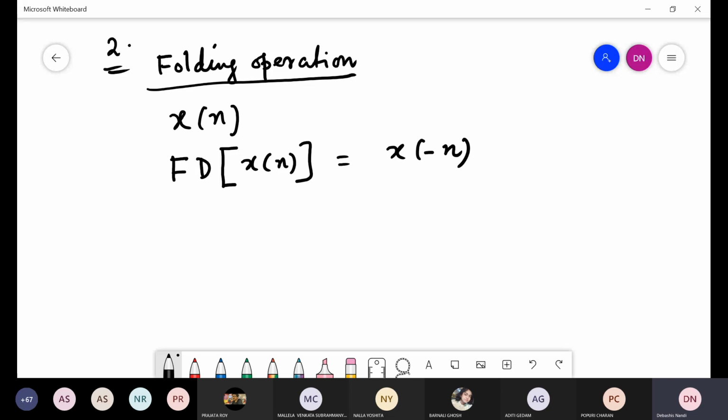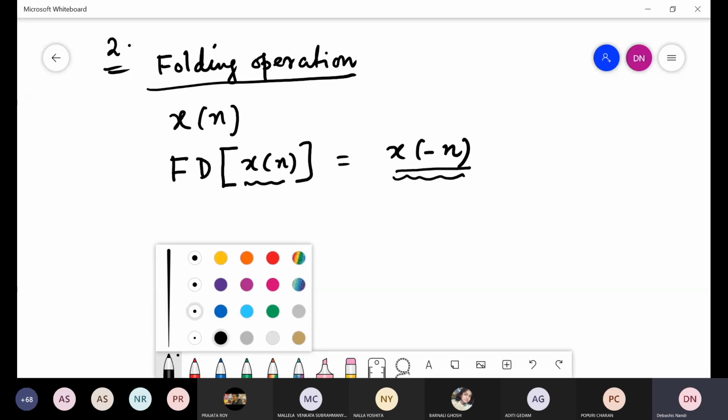So after folding operation, whatever signal you get is the time reversal signal. Now you can ask what should be the shape of the signal. x of minus n will be a mirror image of xn with respect to the vertical axis. Let me give you one example.